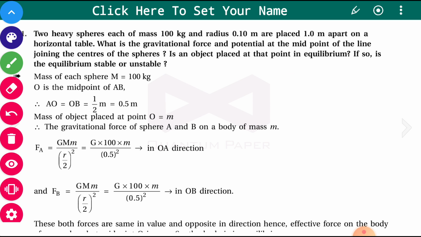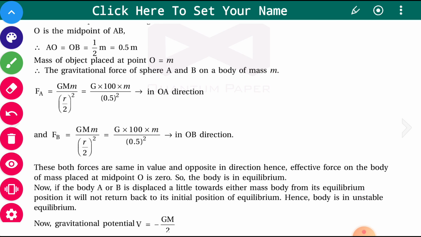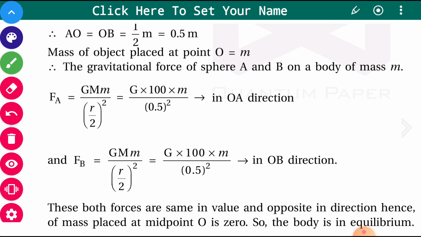Now the mass of the object placed at O is m. We consider that the mass of the object which is placed at the midpoint is m. Then the gravitational force of spheres A and B, we can calculate: F is equal to G m1 m2 upon r square.